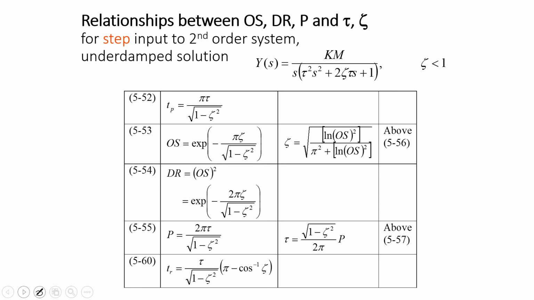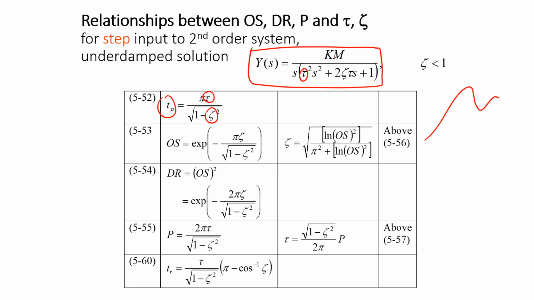So there's relationships. This is just for underdamped systems. These equations do not apply for critically damped or overdamped. It's just the ones with the oscillations. Okay, so we have our peak time. That's how it relates to tau and zeta. Here's our transfer function. Just to remind you, we have 3 unknown parameters here: k, tau, and zeta.